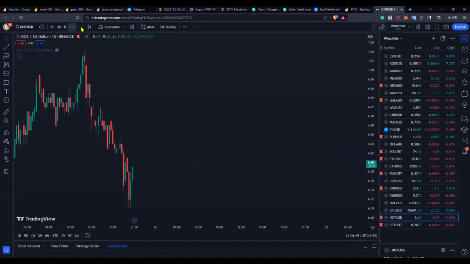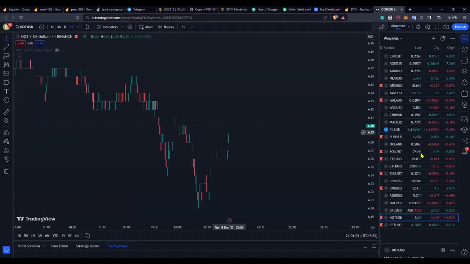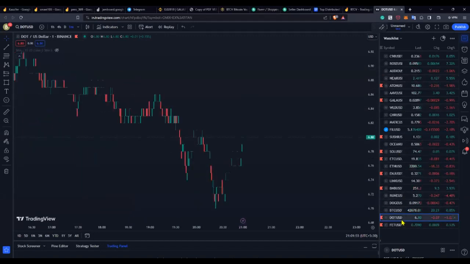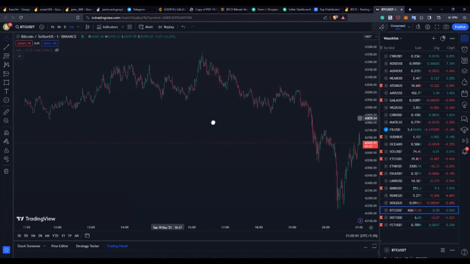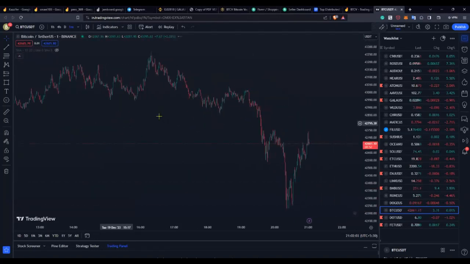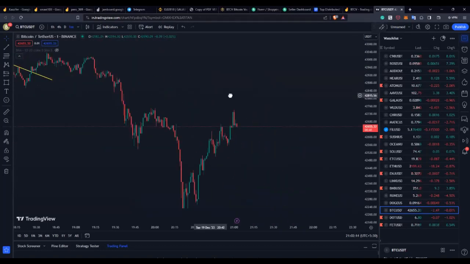If I go on, let's say, a minute chart, let's go on a minute chart on Bitcoin because that will be easier to understand. If you want to draw a trend line on a minute chart also, you may find it. So that's a trend line. See, A, B, C. 3 points we have. Good.